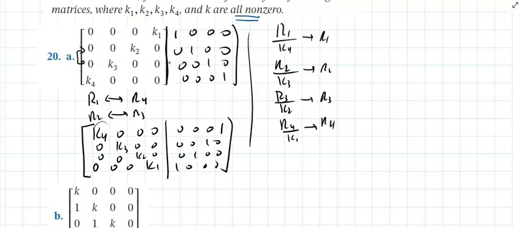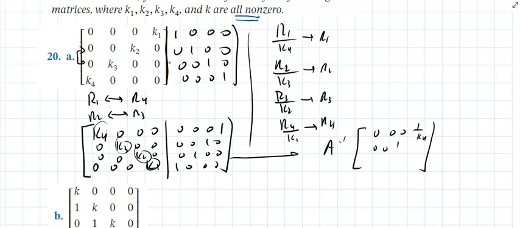Now I know that these are going to become all ones, so the identity matrix will automatically be 0, 0, 0, 1 over K sub 4, 0, 0, 1 over K sub 3, 0, 0, 1 over K sub 2, 0, 0, and 1 over K sub 1, 0, 0, 0.